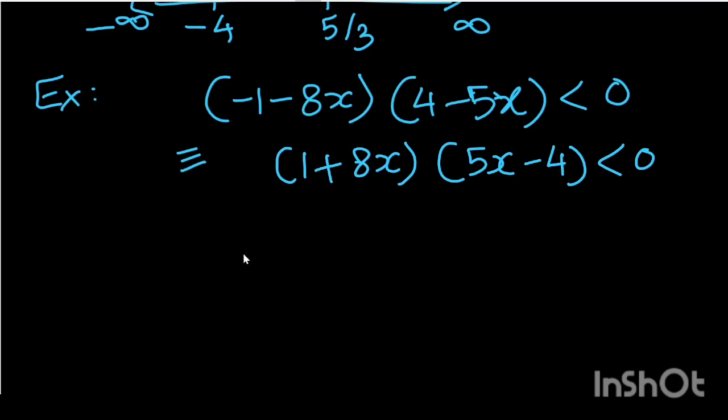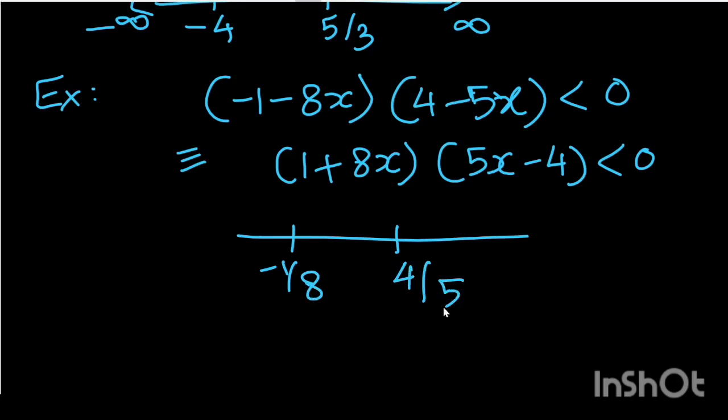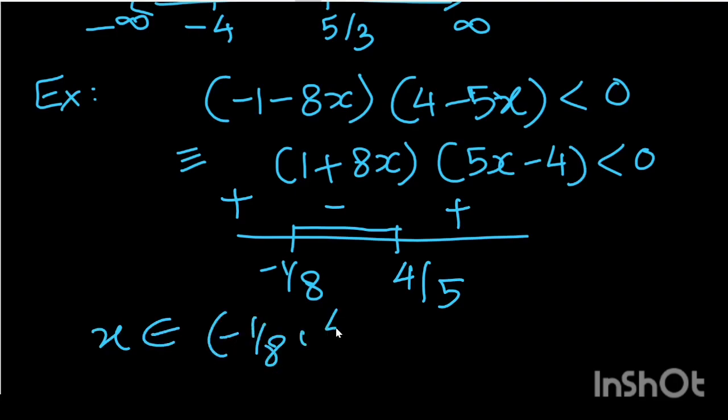Okay, so then again you can plot: 1 plus 8x vanishes at minus 1 by 8, 5x minus 4 vanishes at 4 by 5, plus minus plus, so the answer would be minus 1 by 8 to 4 by 5. Okay, both excluded.